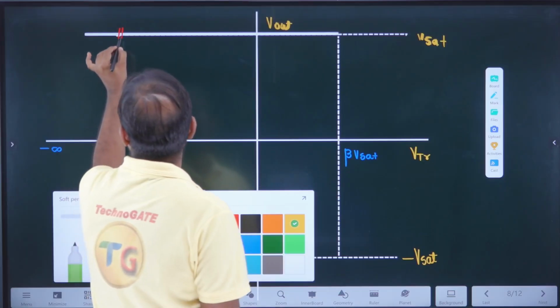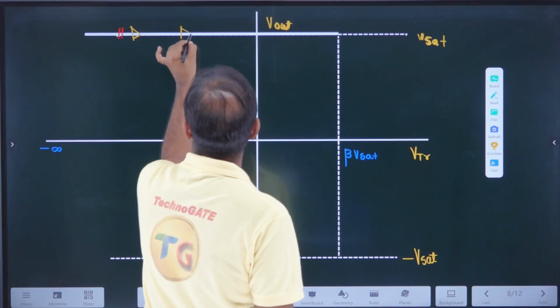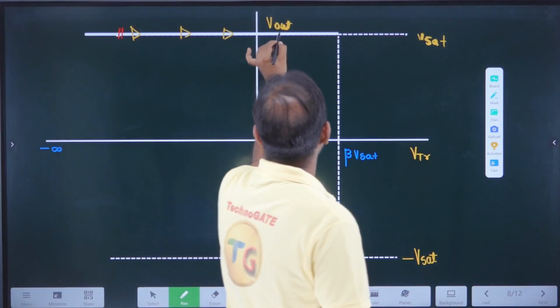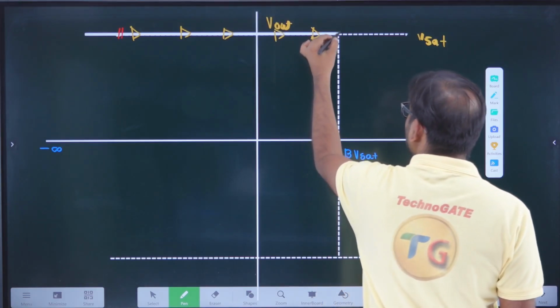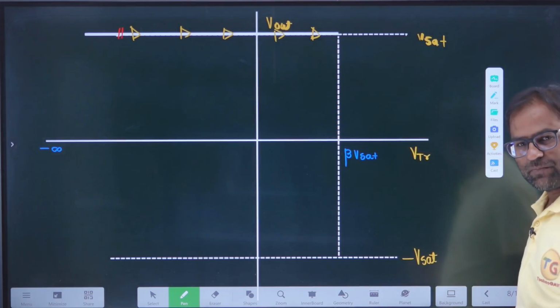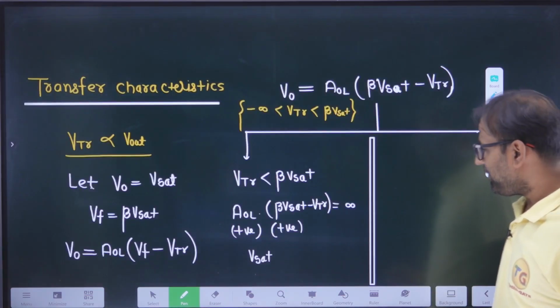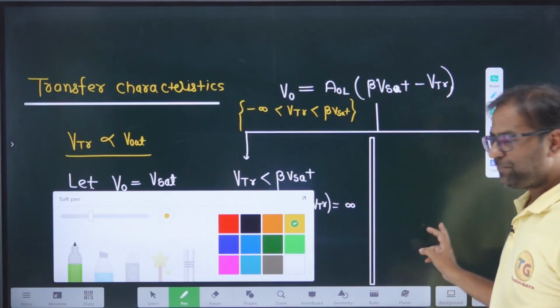So I am interested in going from plus V saturation to minus V saturation. If you want to change the state, you have to go beyond beta into V saturation. Correct? Now let's analyze the other part.